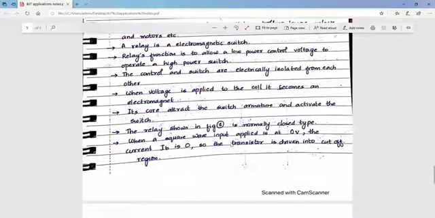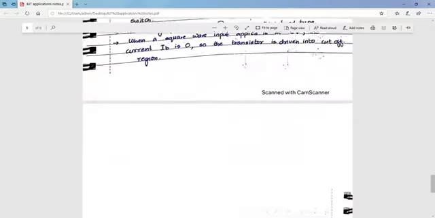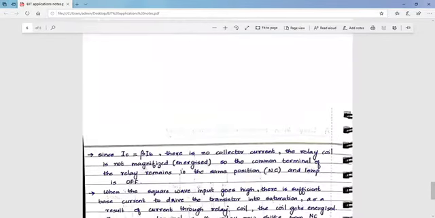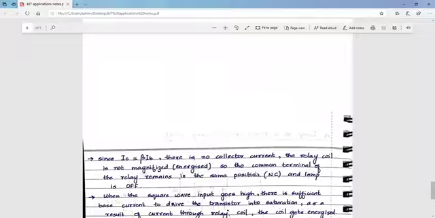And when a square wave input is applied, if you give the input as 0 volts, we know that the current IB is 0. So the transistor is driven to the cutoff region. Since IB is 0, IC, which is beta times IB, will also be 0.